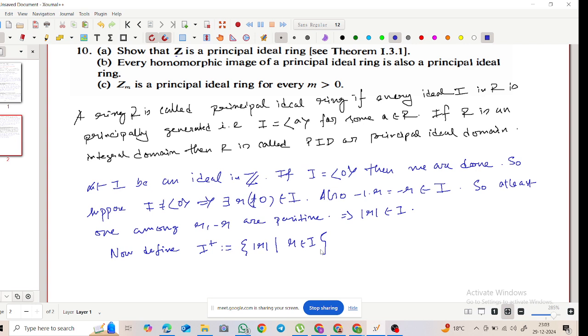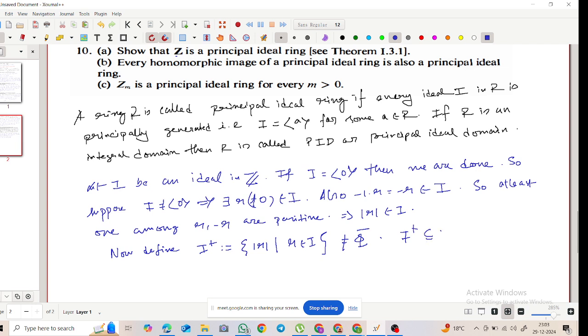And as you can see, if r is in I, minus r is also in I, with both positive and negative signs. So this is clearly non-empty.